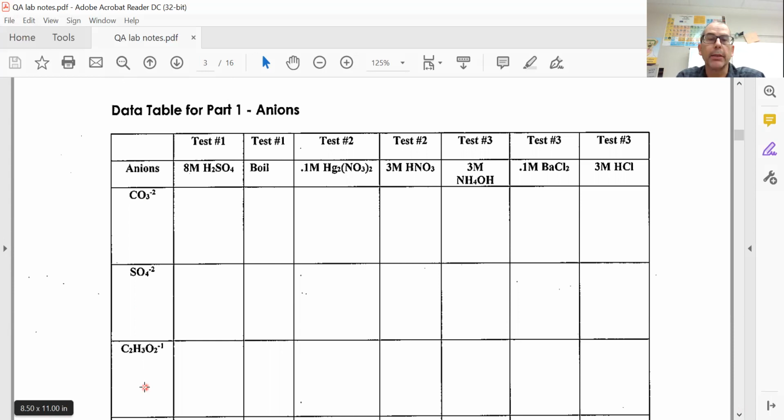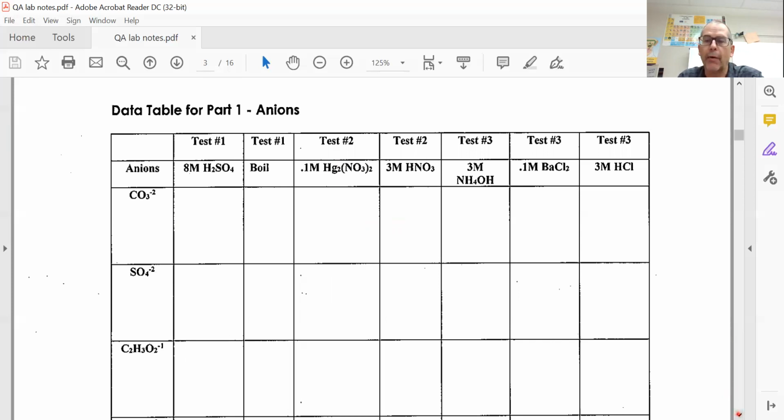You can't see them all at once, but notice I have the first 3. I'm going to do a sulfuric acid test, and I'm going to boil it. Then I have a different test with mercury nitrate and nitric acid, and a third test, which has 3 components right there. So you have 3 tests, but each test has multiple steps, and you're going to be seeing similarities but also differences between each of these things.